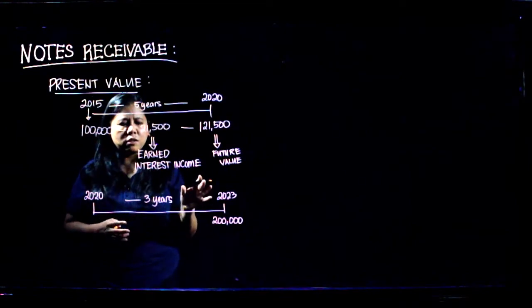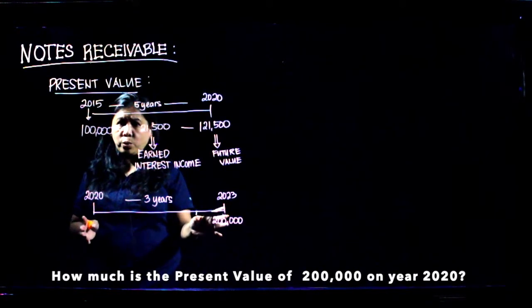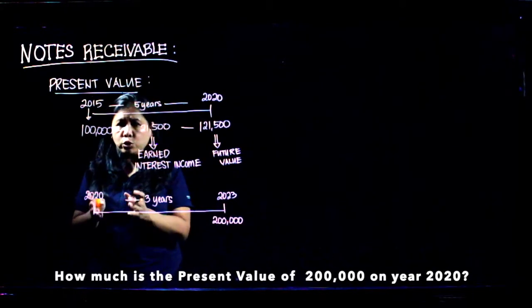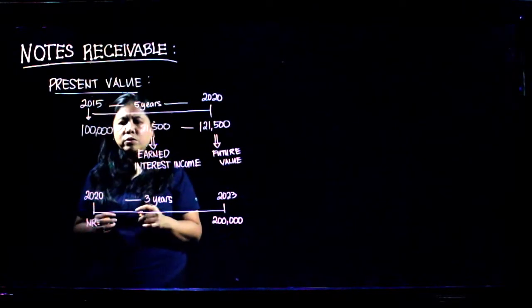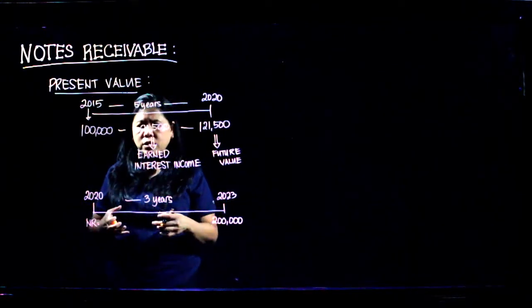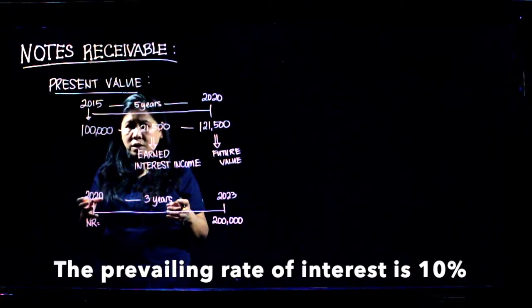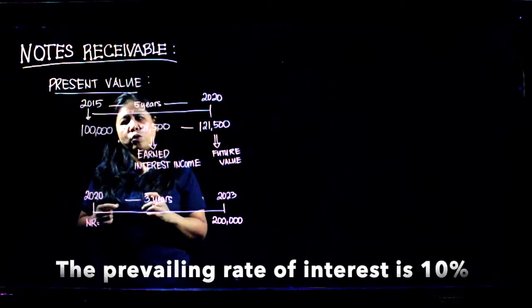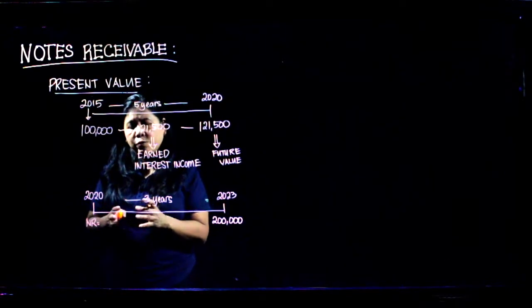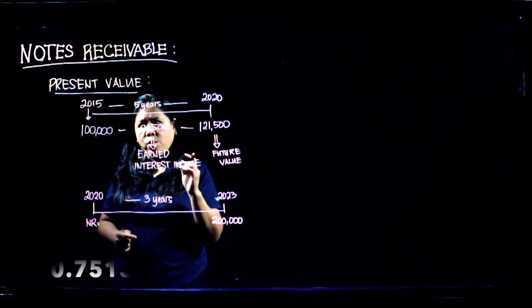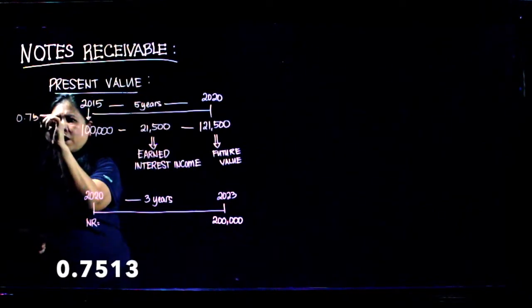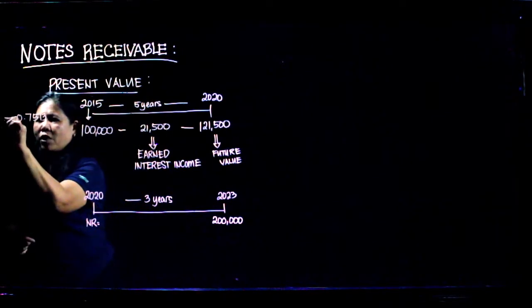How much is the present value of a 200,000 future value on 2020? Let's say, for example, the prevailing rate of interest for a note of this type is 10%. The present value of 1 at 10% for 3 years is 0.7513.